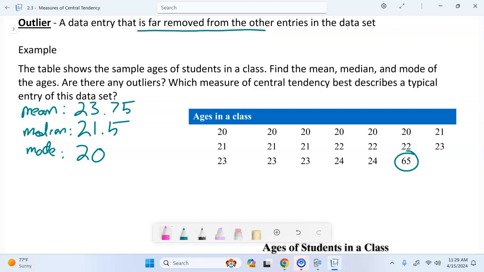Okay, but neither is the mode. So why would we want to pick median over the mode?